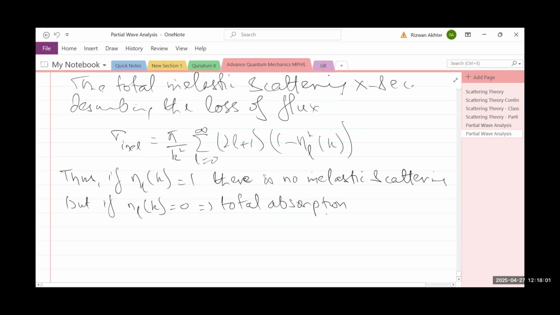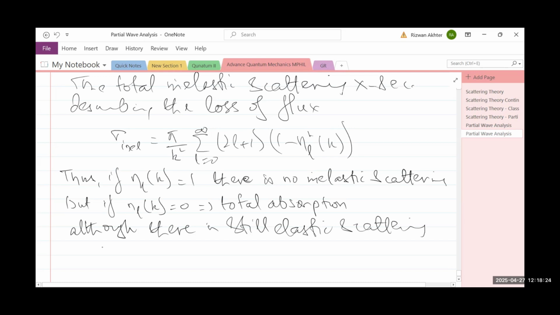So in fact in partial, although there is still elastic scattering in this partial wave analysis.